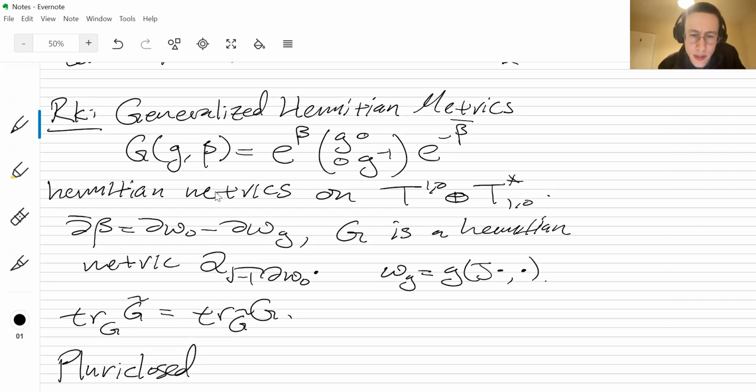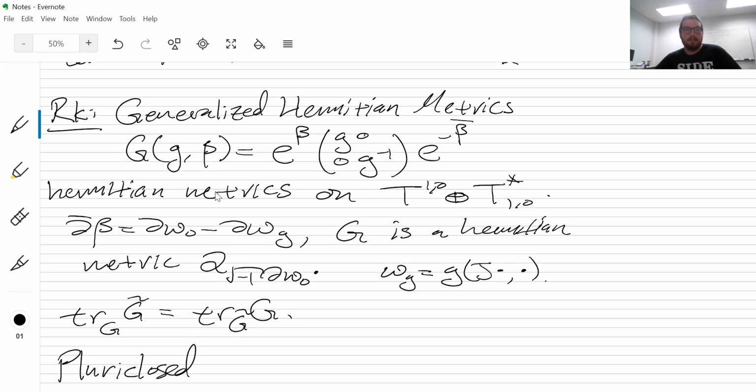And what is G tilde? It's just another one of those? G tilde, yeah. So G and G tilde, generalized Hermitian metrics, I think you might need one to be diagonal without the B field transformations.